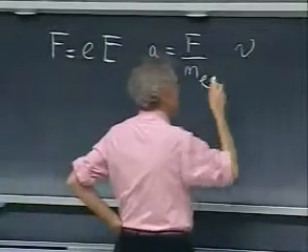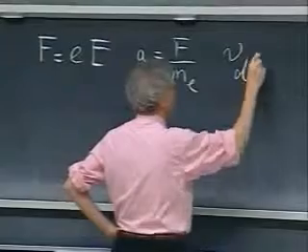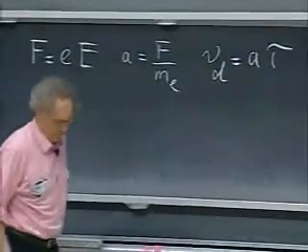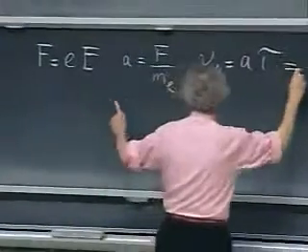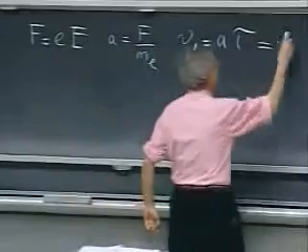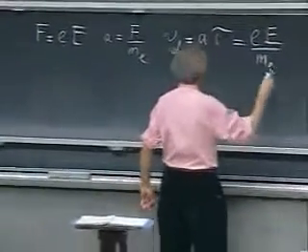And so they will pick up a speed between these collisions, which we call the drift velocity, which is a times tau. And so a equals F divided by m_e. F is eE, so we get e times E divided by the mass of the electron, times tau.